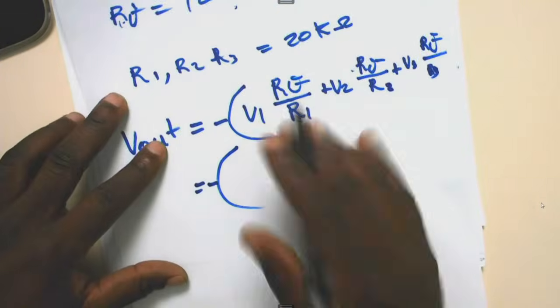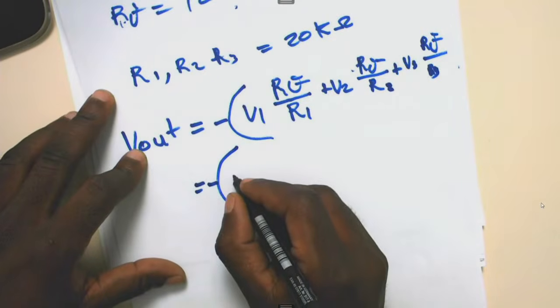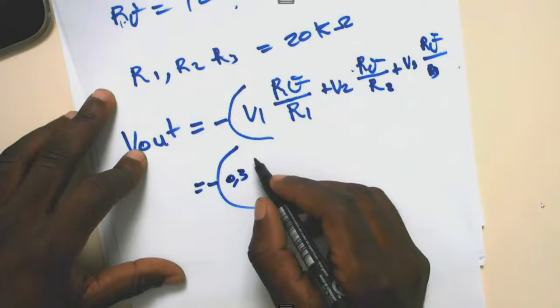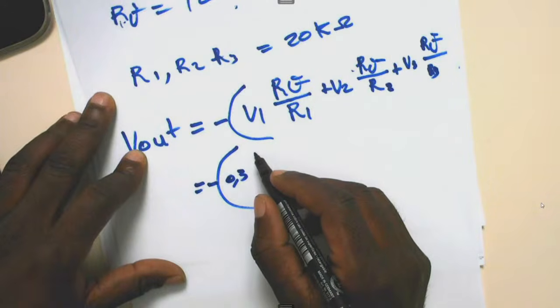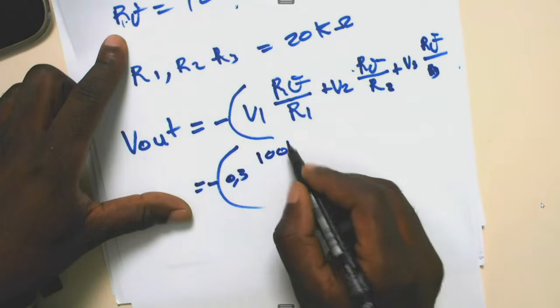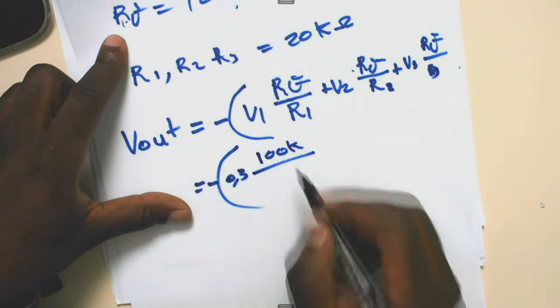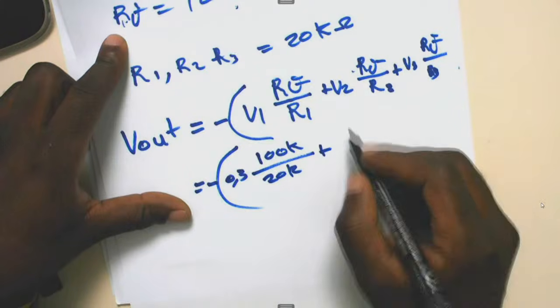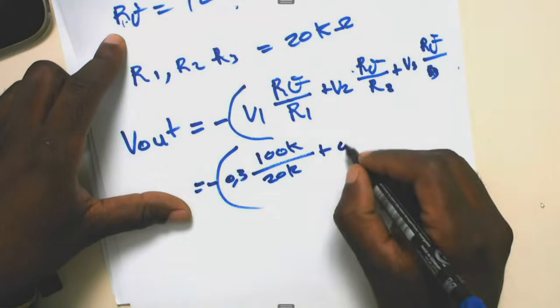So it's a minus, then here, as we wrote them there. The first one, the V1, we've got 0.3 over RF. Our RF is 100,000 ohms over 20 kilo ohms plus V2 is 0.5.